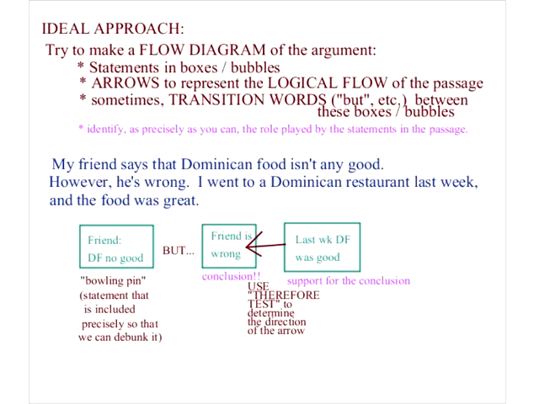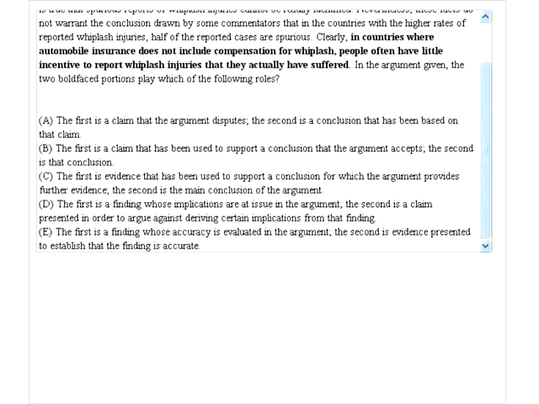Okay, let's go ahead and do this problem right here. I'll give you a time of about 2.5 minutes to work on it. When you're done, remember to use those buttons.